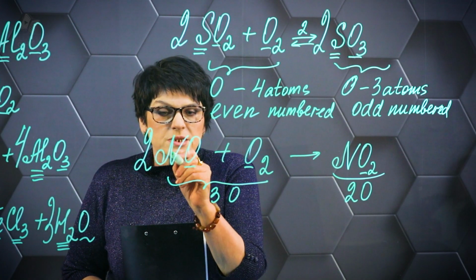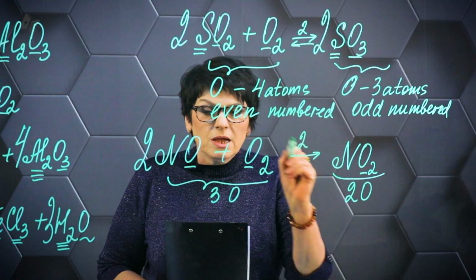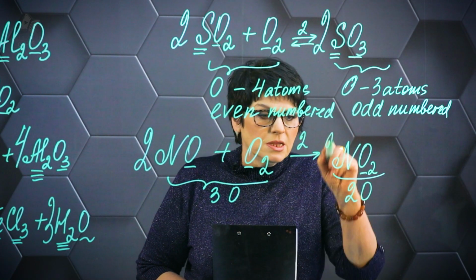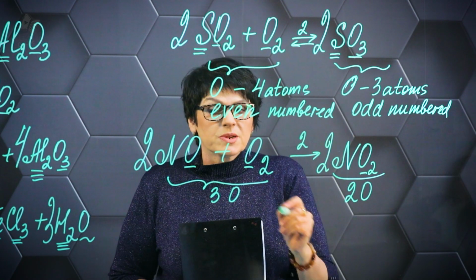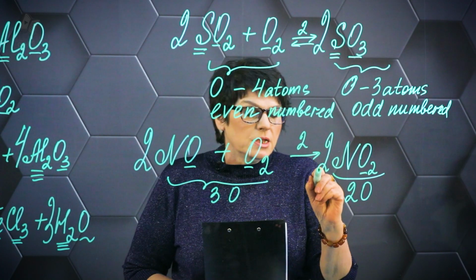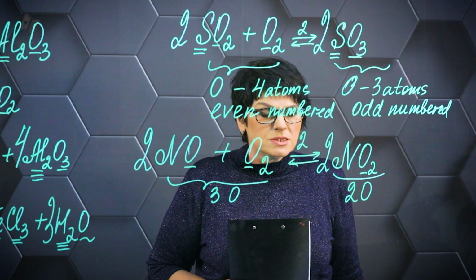We have 2 nitrogens on the left side and 1 on the right. So the multiple for nitrogen is 2. Dividing 2 by 1, we place the number 2 in front of NO2. Now we just have to check the oxygen. There are 4 oxygen atoms on the left side and 4 on the right side. This reaction is also reversible.